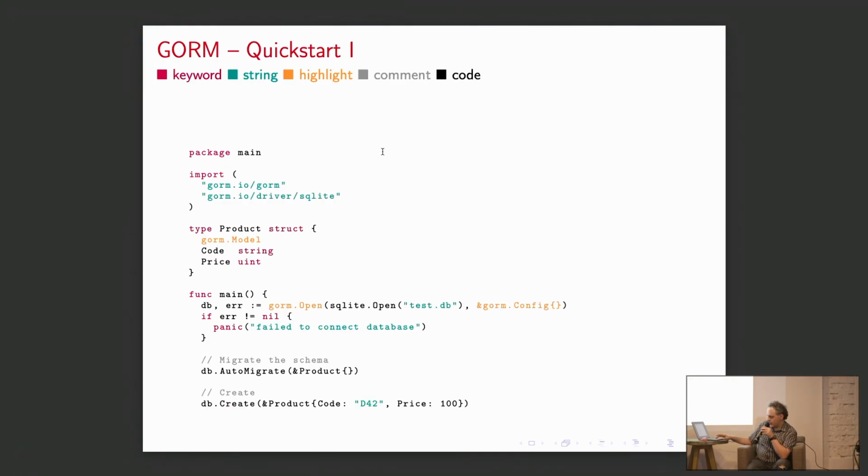And here as well, I have written down the most self-evident examples in terms of code. I'm not going to read through the code itself, but for example, here you have a simple implementation in Golang for GORM.